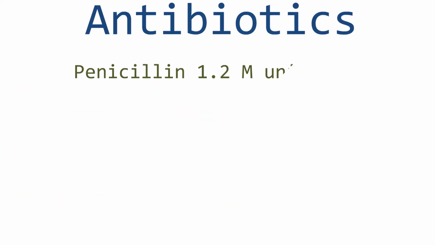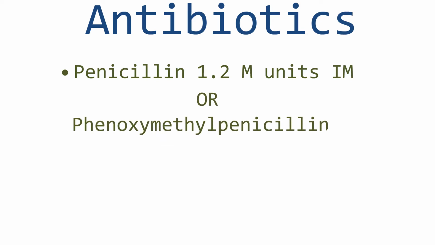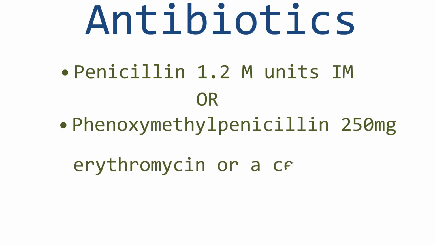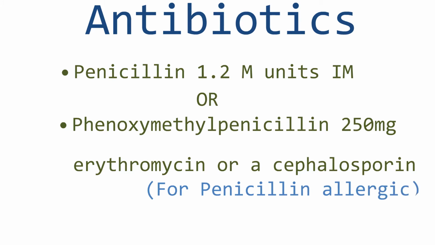Antibiotics. A single dose of penicillin 1.2 million units intramuscular, or phenoxymethylpenicillin 250 mg 6-hourly orally for 10 days, should be given on diagnosis to eliminate any residual streptococcal infection. If the patient is penicillin allergic, erythromycin or cephalosporin can be used.